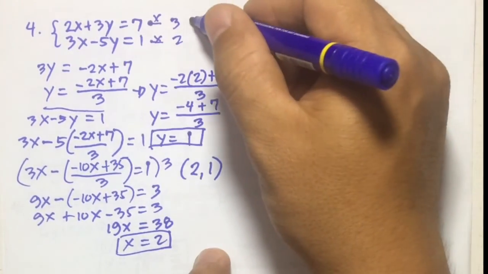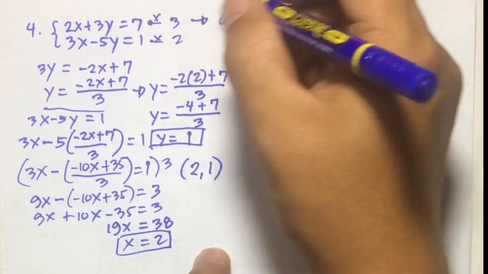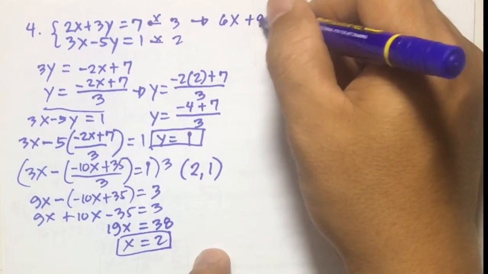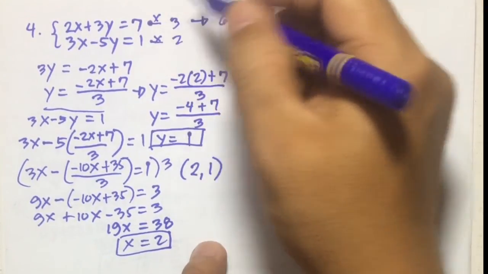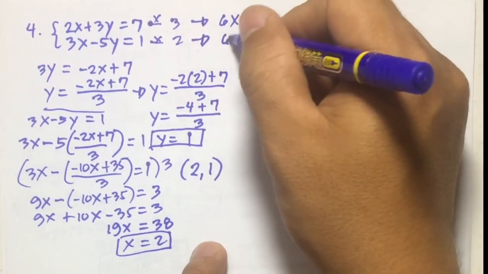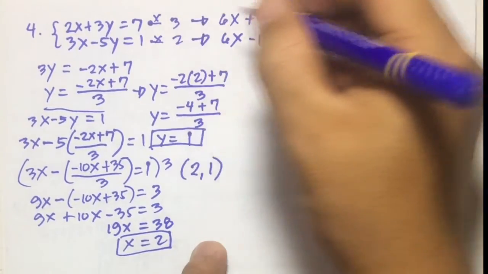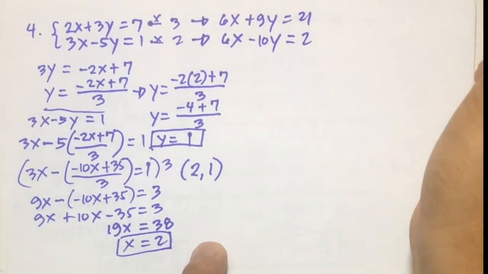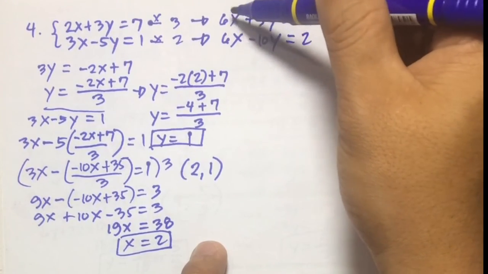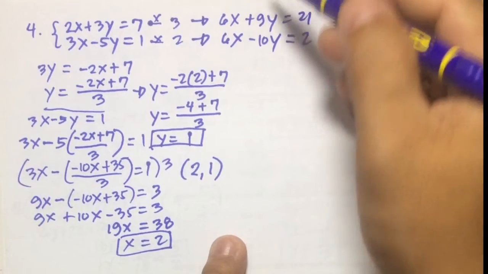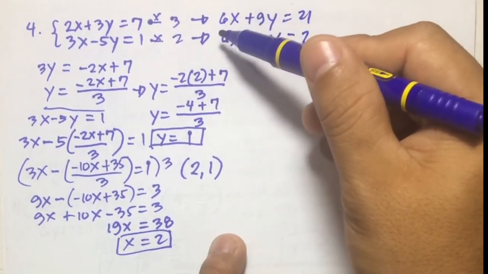So multiplying that, we're going to have 3 times 2x is 6x. Then 3 times 3y is 9y. 3 times 7 is 21. Then 2 times 3x is 6x. 2 times negative 5y is negative 10y. And 2 times 1 is 2. So if we look at here, the numerical coefficients of x are the same. Now, to be able to eliminate x here, we can simply subtract the two.